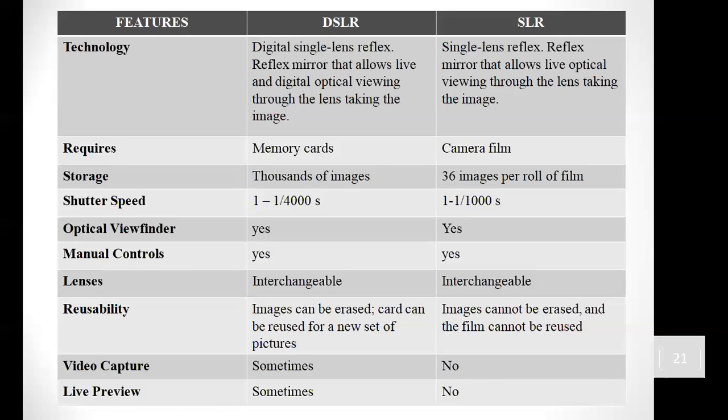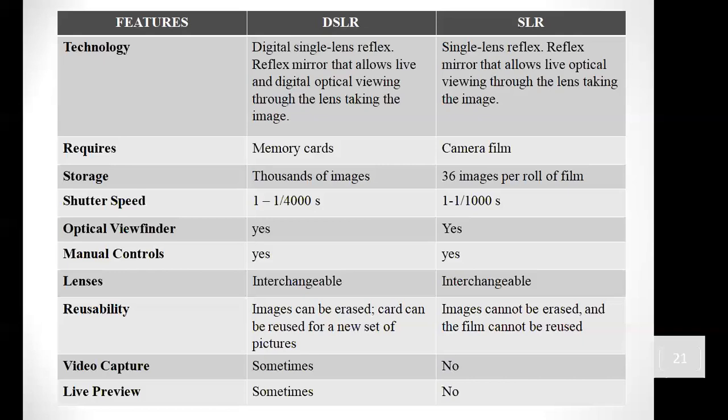The requirement in DSLR is memory cards. In SLR you have films. Advantages for DSLR: you can have thousands of images, you can record, make videos, and at the same time you can delete also, take more photographs, and store the best photographs.